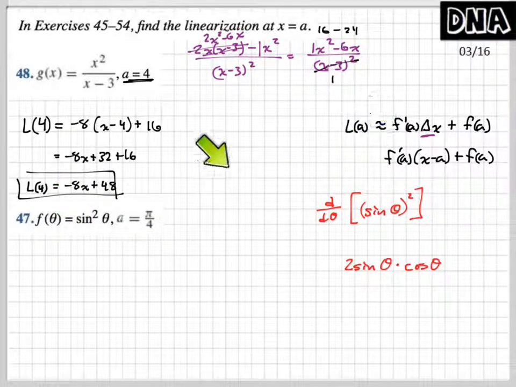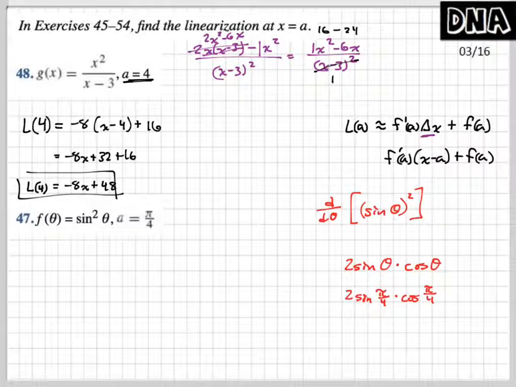And the first thing we have to do is plug the a into our derivative. See f prime of a? So if I plug in pi over 4 to this, what will we get? We have 2 sine of pi over 4. We have to multiply it by cosine of pi over 4.